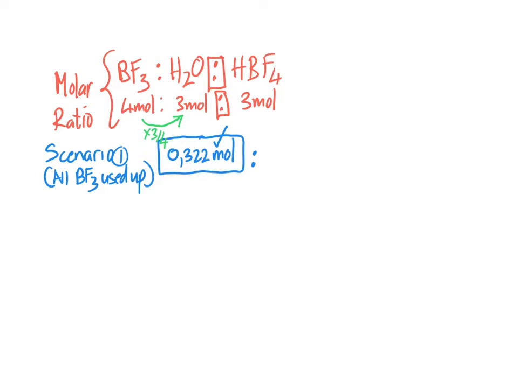You see 4 moles times 3/4 gives us 3 moles. So we're going to multiply this by 3/4, and that gives us 0,242 moles of water that would be required to react fully with the 0,322 moles of boron fluoride.